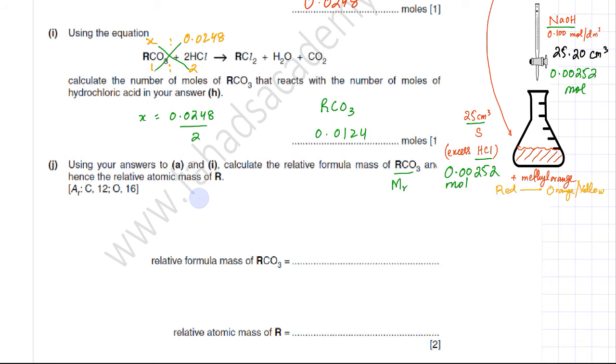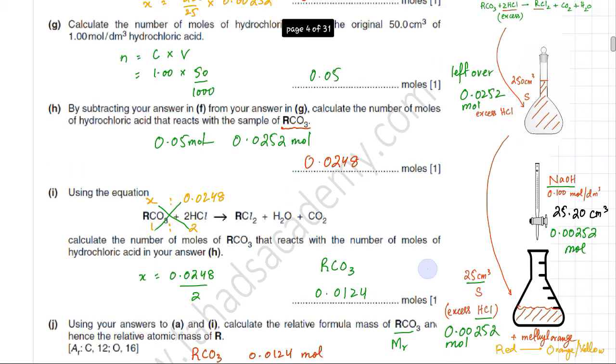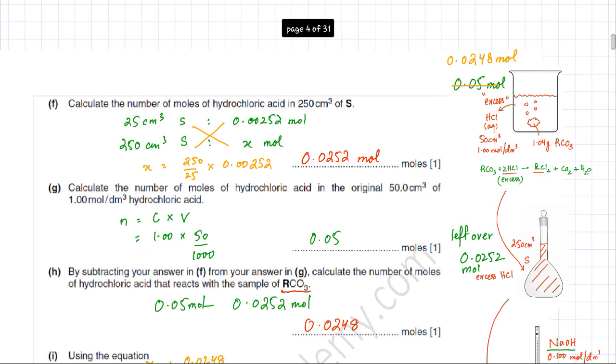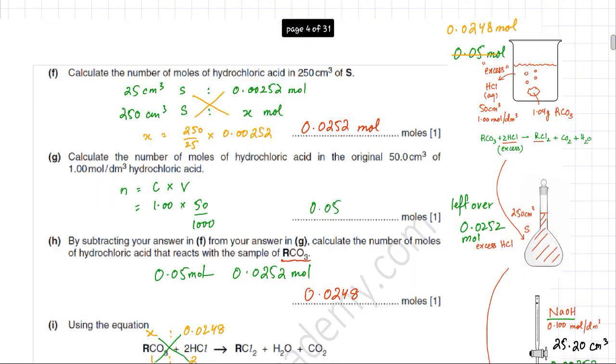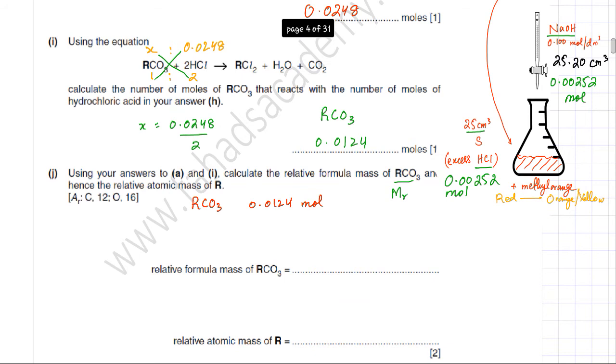We know that we are using 0.0124 moles of RCO3 in a reaction, and we also have the mass. When we started off in the very beginning, we calculated the mass of RCO3 that we were using in the reaction, which was 1.04 grams.